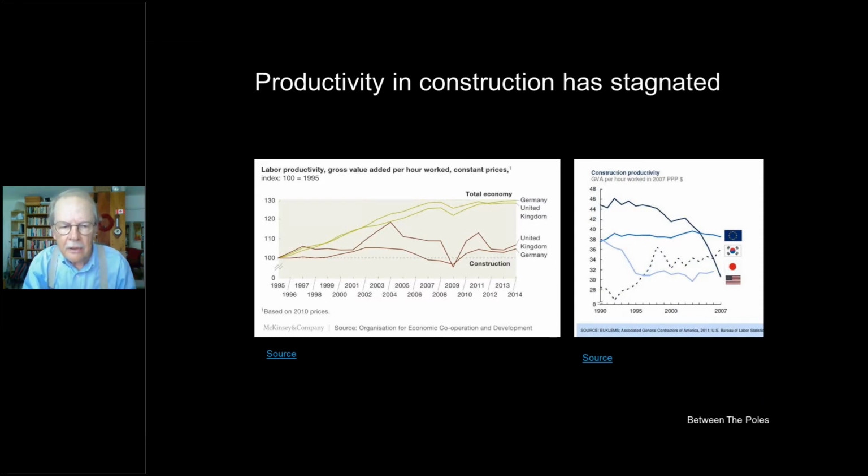Over the last 40 years, while general industrial productivity has improved by a factor of at least 2, construction productivity in many countries, including the United Kingdom, Germany, Japan, and the US, has either plateaued or stayed constant.